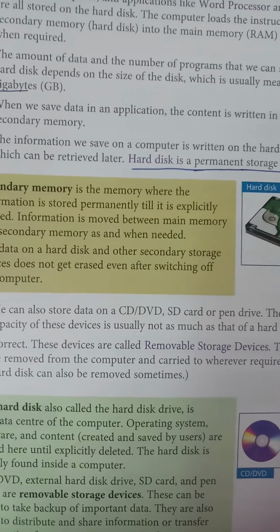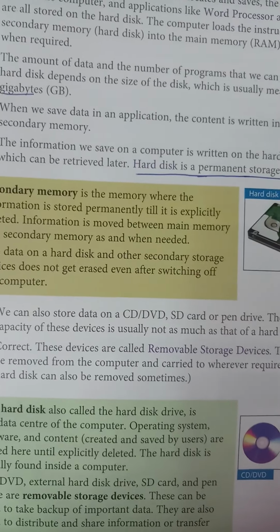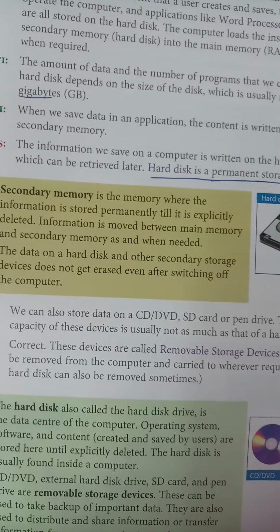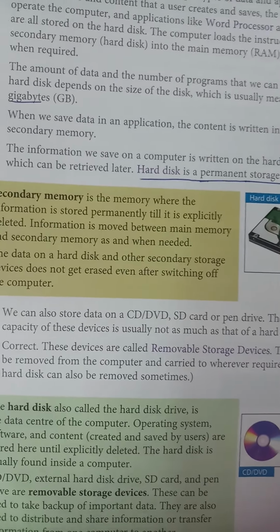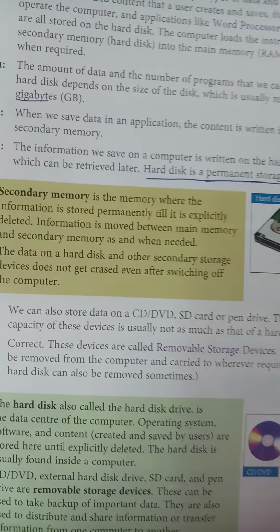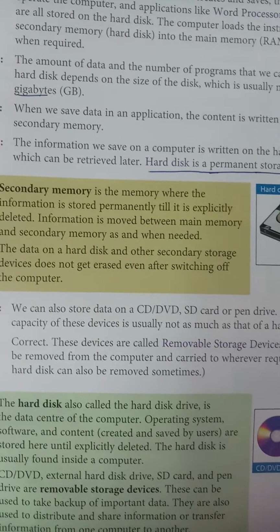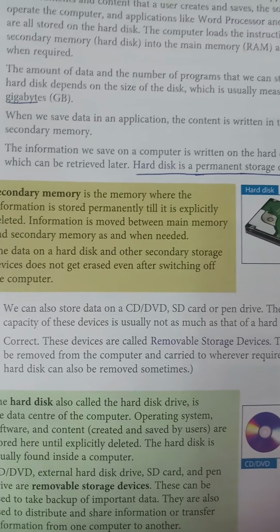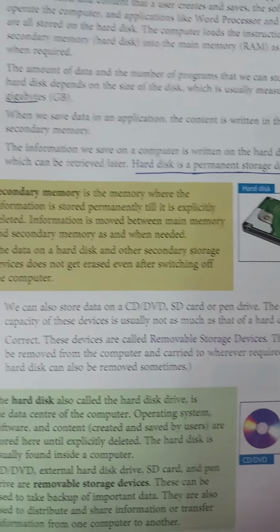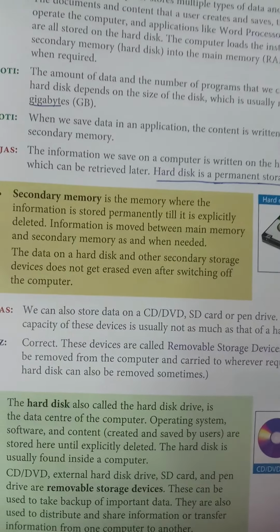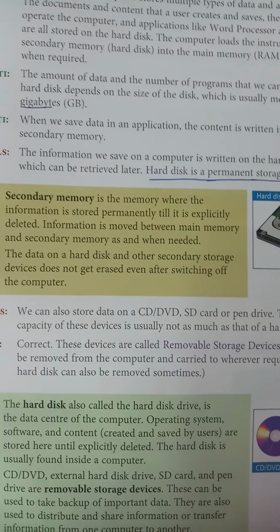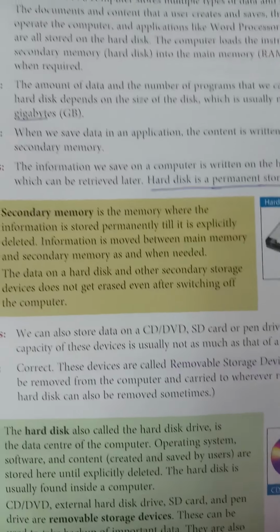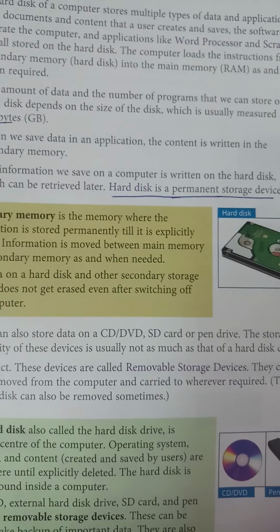When you see an SD card, you can see 8 GB, 32 GB, 64 GB like this. But in the hard disk, you can see 500 GB like that. There is a huge amount of space in a hard disk when compared to an SD card, CD or pen drive.